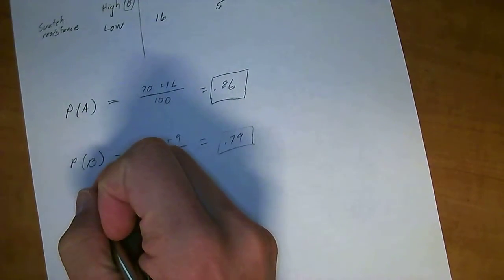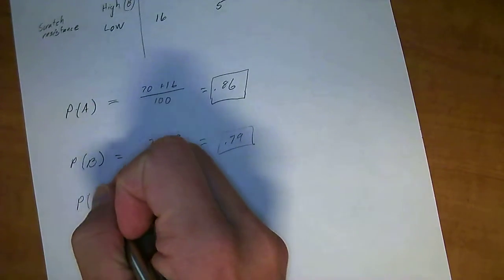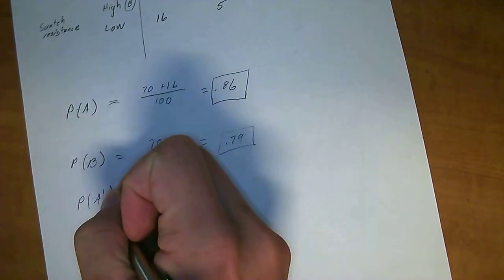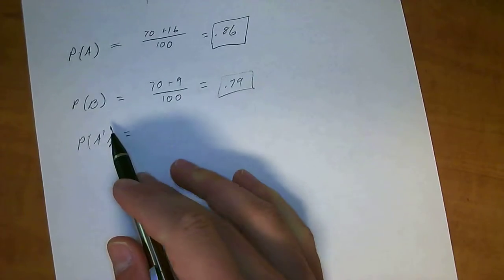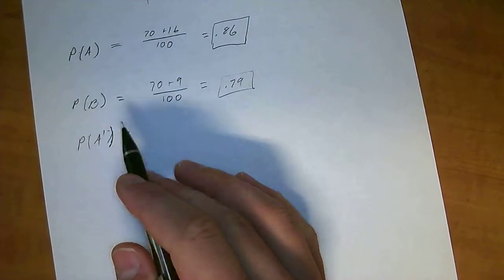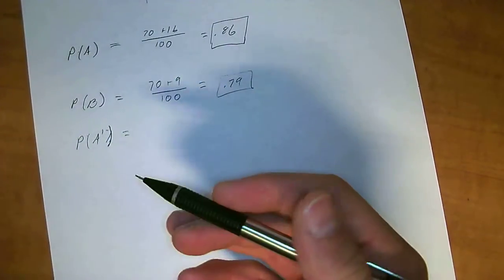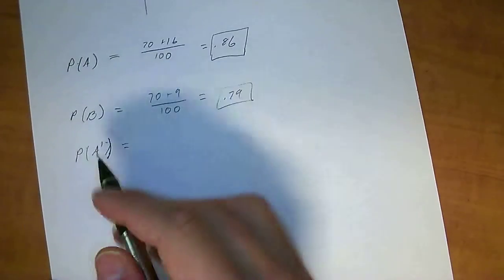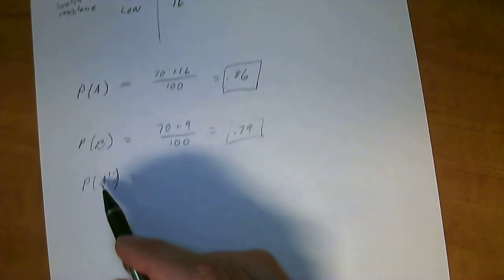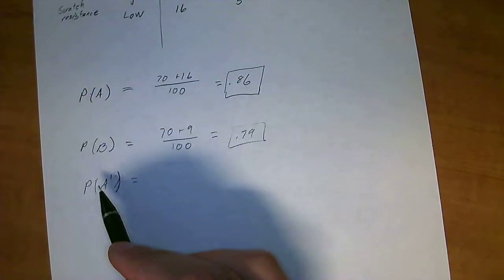Probability of not A. In statistics, this little apostrophe counts as a not. If you know computer engineering, not is anything that is not what the original variable is. So anything that does not have a high shock resistance.